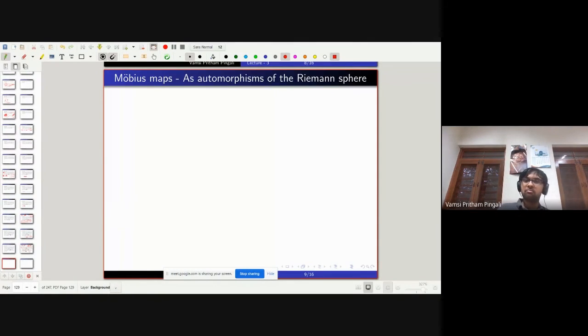Okay, so maybe you're sick of Mobius maps, but we'll do more of them. As automorphisms of the Riemann sphere, what does that mean? Theorem, and this is genuinely a theorem because it requires some work to prove.